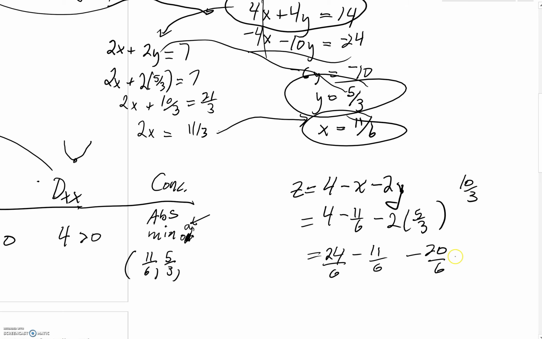And wow, if we're not mistaken, 24 minus 20, that's a positive 4. And positive 4 and negative 11 make negative 7. So that's negative 7 over 6. So it's an absolute minimum distance at that point. That's the point on the plane.